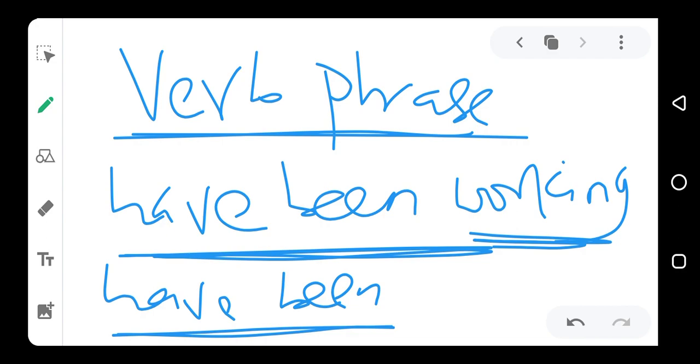Once you introduce a subject to a verb phrase, it becomes a clause. And once you introduce a verb to a noun phrase, it becomes a clause. So in a noun phrase, you must not introduce a verb to it. And in a verb phrase, you must not introduce a noun to it.